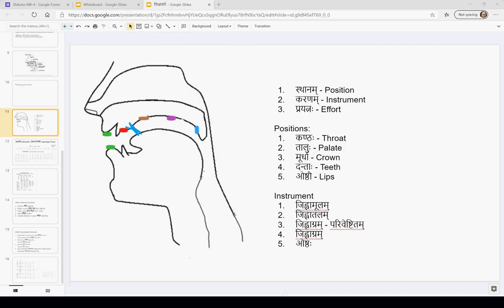So there I can still touch my tip of the tongue and still say na, and I can keep touching the tongue tip here and still pronounce 'and'. But the murdha crown letters are supposed to be pronounced from here, still upwards, not from here.